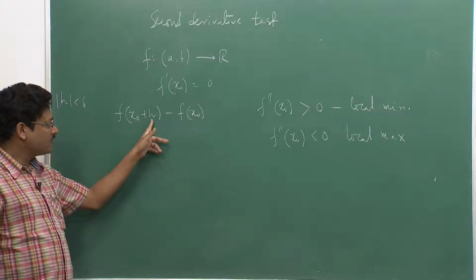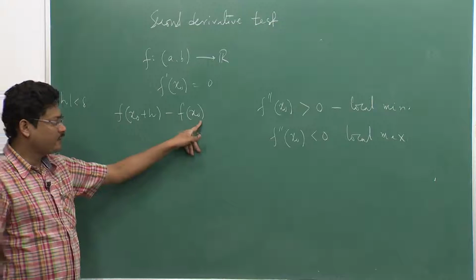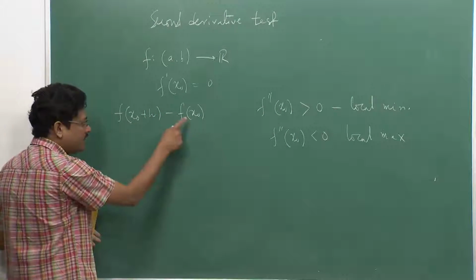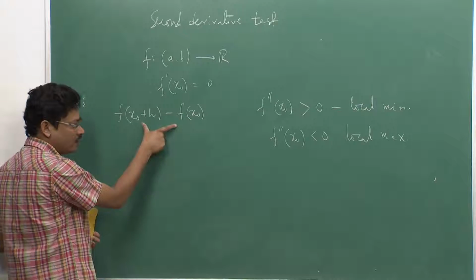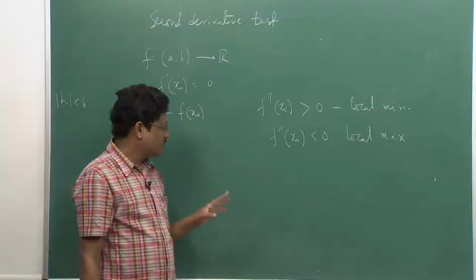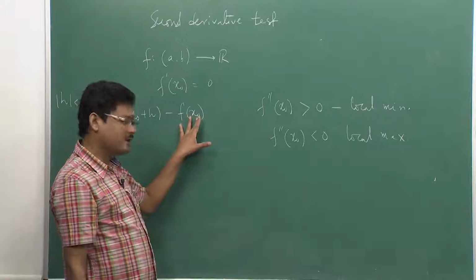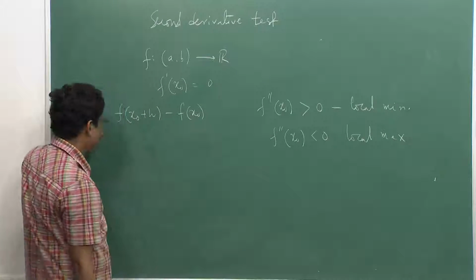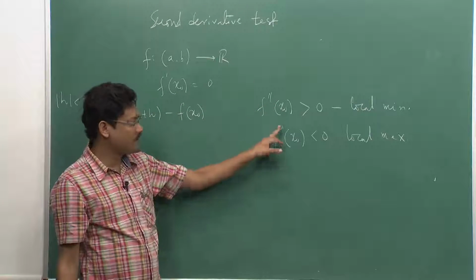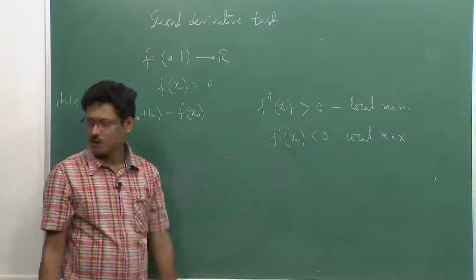So, the sign of f of x naught plus h minus f of x naught is actually the sign of f double prime x naught. And similarly, if it is a local maxima, this will always be negative, and that is the sign of f double prime x naught. So whether it is local maxima or minima depends on whether in a neighborhood this is always positive or negative, and that sign depends on the sign of f double prime at x naught.